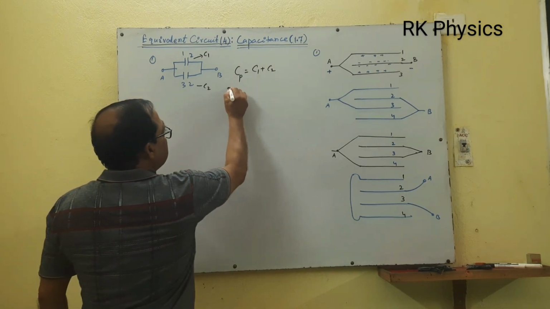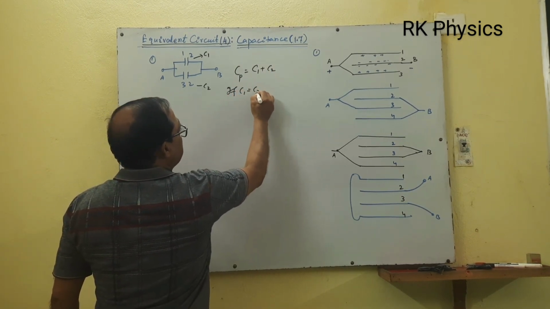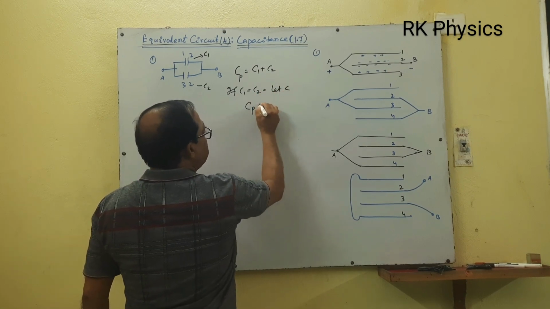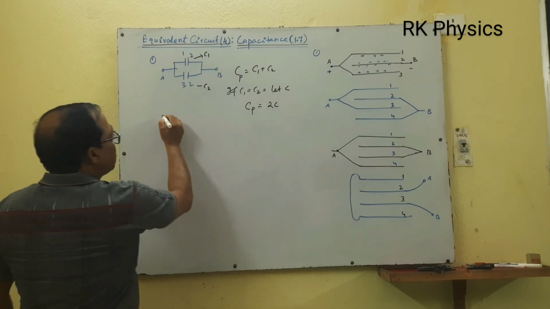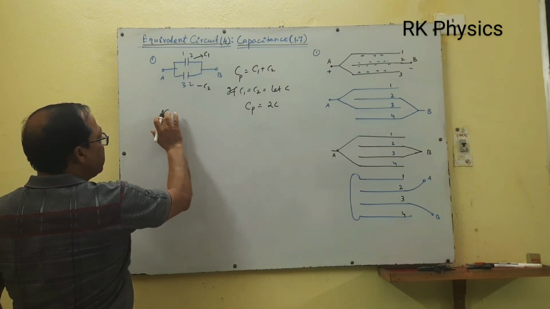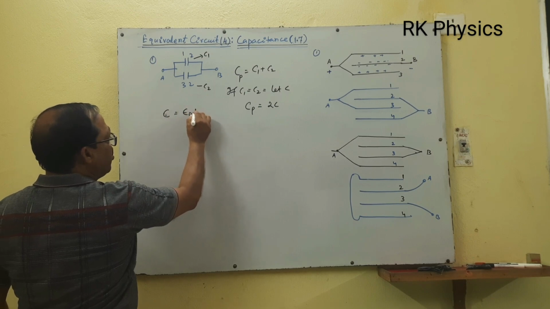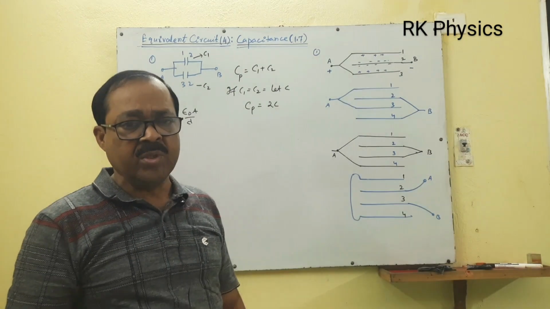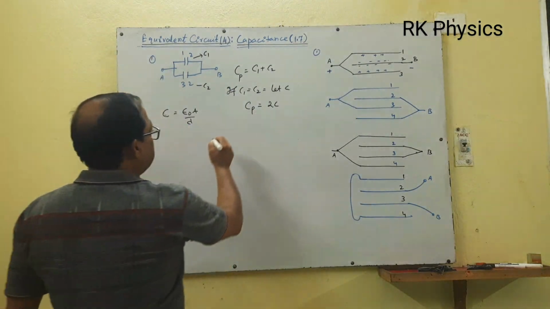Now, if you take C1 equal to C2, equal to C, then Cp equals 2C. Suppose there is an air gap, then C equals epsilon 0 A divided by D, where A represents the area of each plate and D represents the distance between the plates.